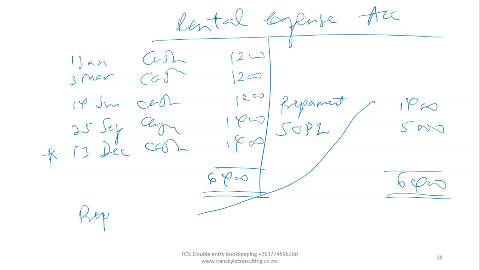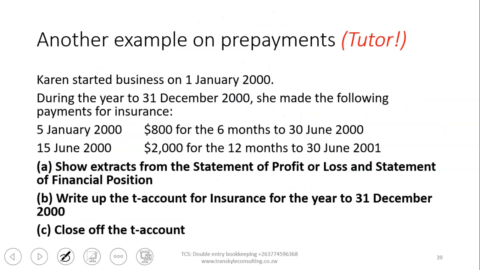So prepayment carried forward, balance brought forward, it's 1,400. Okay, that's it, ladies and gentlemen. We have done it, and can move on to the next one.